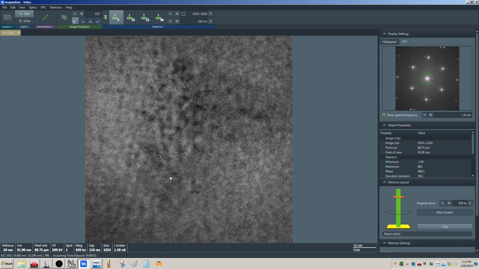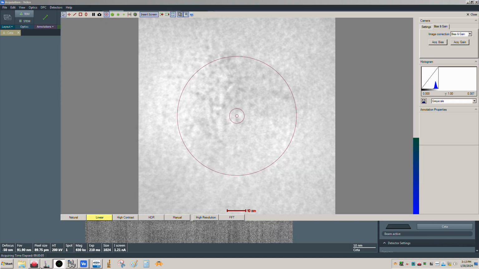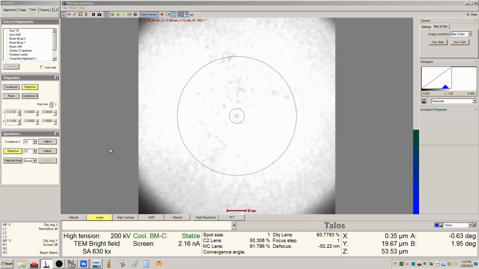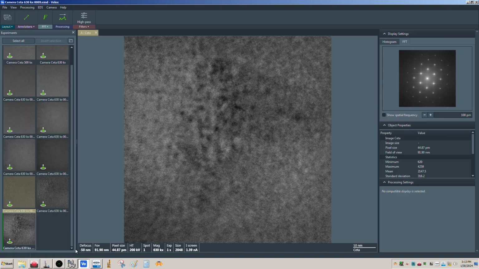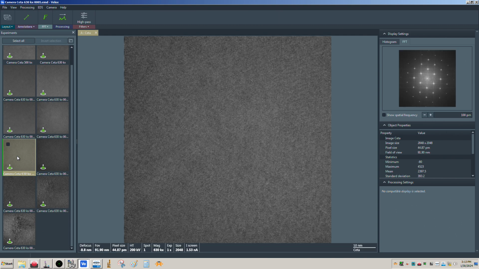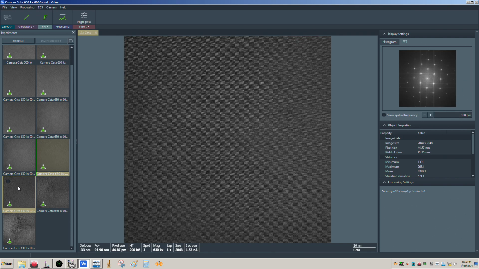Okay, let me put this down. Continue cooking the sample here. So let's go back here. Okay, so this was the first image we took with the 4 nanoamp beam, right? And we'll just keep going.